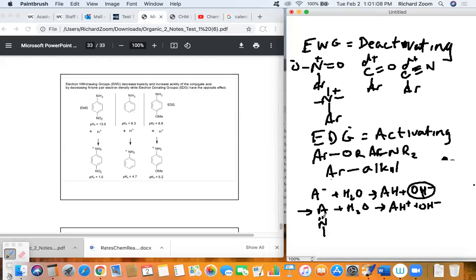So that's the lone pair on the NH2, and if you're reacting it with an H plus, then the less available it is, because it's being sucked away, the less able it is to latch onto that H plus, which makes it less basic.